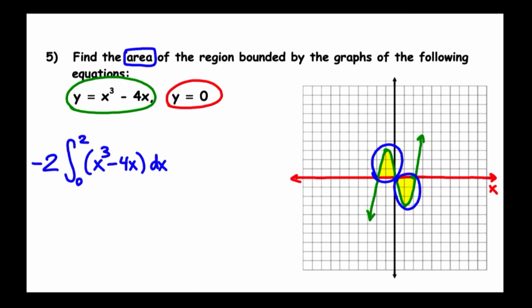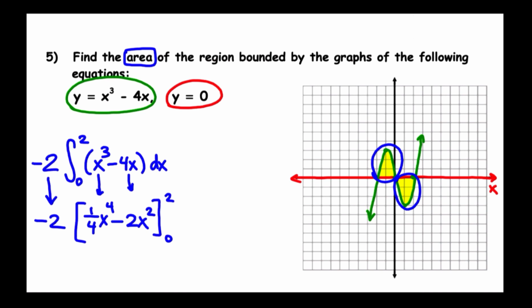Let's integrate. x to the third becomes 1/4 x to the fourth. The minus 4x becomes minus 2x squared. We're integrating from 0 to 2, and there's still a negative 2 in front that we can't forget about. All right, we're going to use first fundamental theorem of calculus.